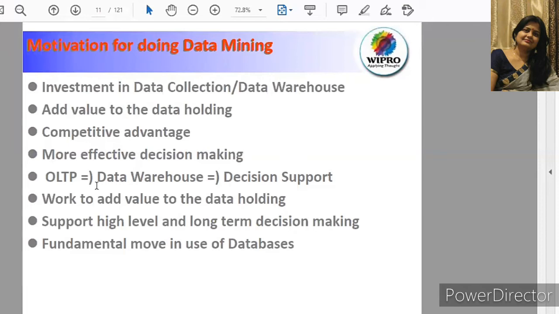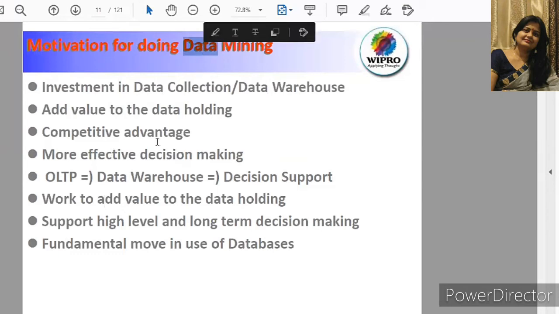Those 10,000 records per hour can be summarized to one record per hour in a summary form, so the size will decrease. But it is a summary that you need to relate. The 10,000 live records are called online transaction processing, and these summarized records are called online analytical processing, that is OLAP.